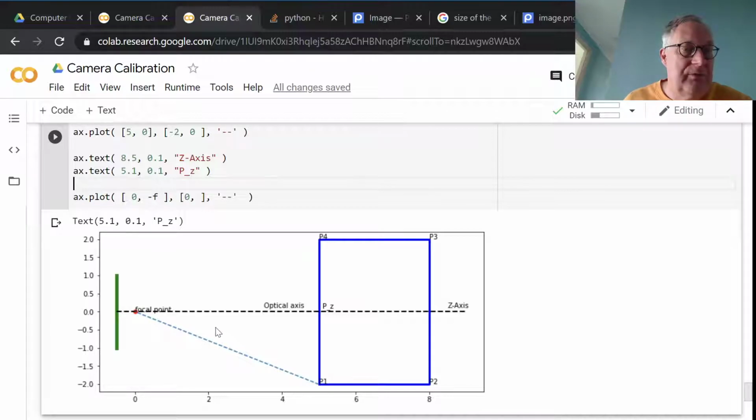So if I flip that around, then I end up with this divided by z.